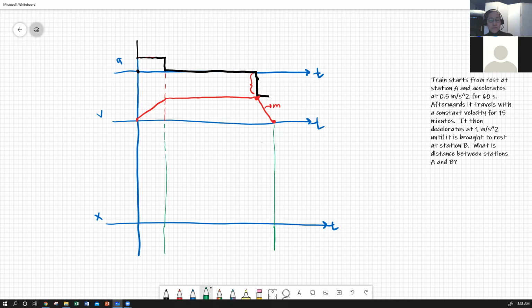You can plot time and position with your equations, especially if you're in a region where your acceleration is continuous. But we could use the same kind of logic and say, okay, I'm going to take the first time integral of this sloped area here. That should give me a parabola. Again, we're starting at 0, so we're going to have something that's concave up. Then V is constant, so we should have something linear.